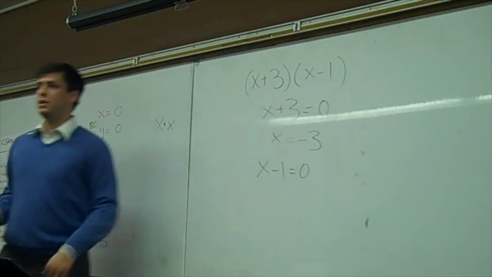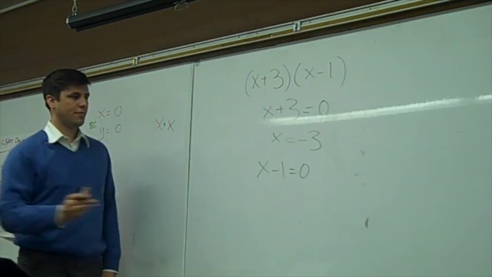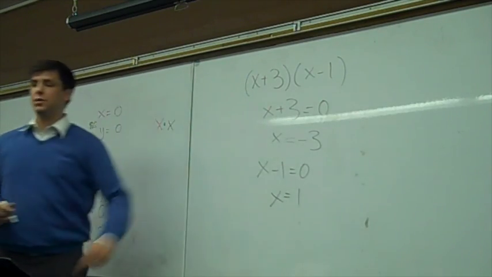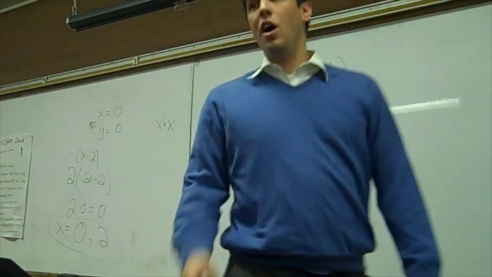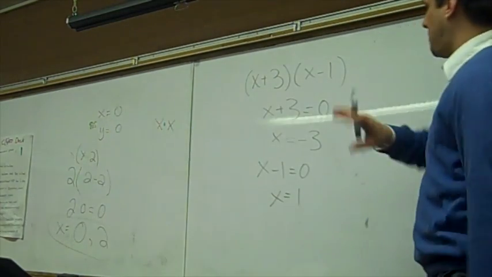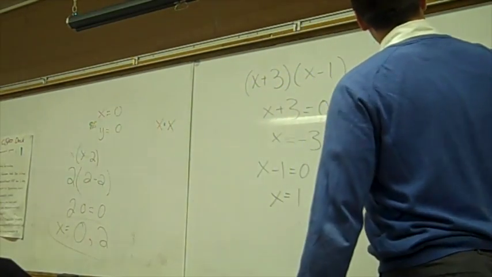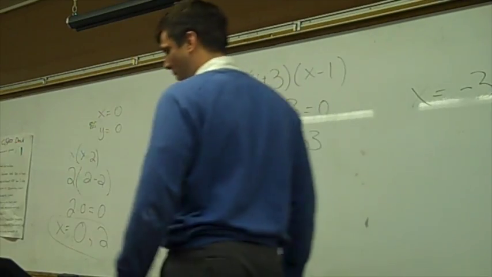What does x have to be? 1. Add 1 to both sides. x equals 1. So your answers for that example, you can write x equals negative 3 or x equals 1. Negative 3, comma, 1.